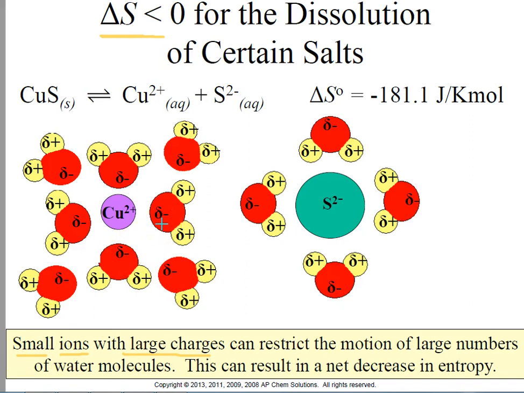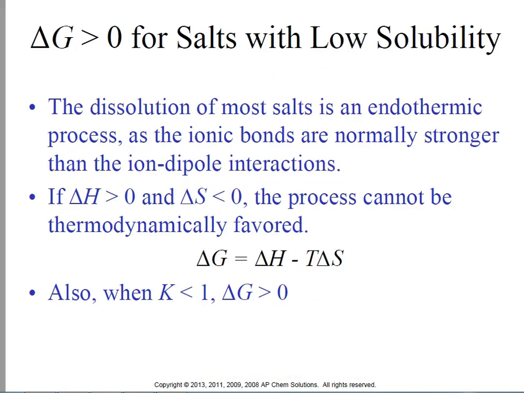So if they're small with a large charge, these water molecules get stuck around them, and the water molecules actually have restricted motion. So therefore, there is a net decrease in entropy. So overall, our disorder actually can go down because those water molecules are now very restricted in their motion. Remember that decreasing entropy is not favored. The universe favors an increase in disorder.